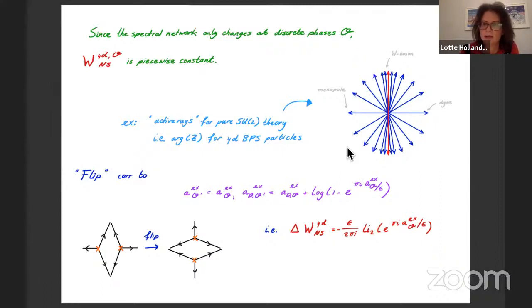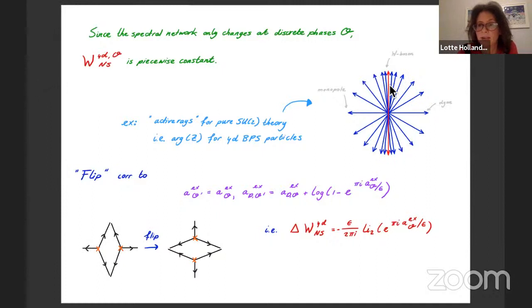So you could make a diagram for each theory where you draw an arrow at the place where the spectral network changes. That is where something happens in the theory. The object that we just defined, which depends on theta, is a piecewise constant function. So it will jump whenever there is an active ray. In this picture, you can see the active rays for the pure SU2 theory as an example.